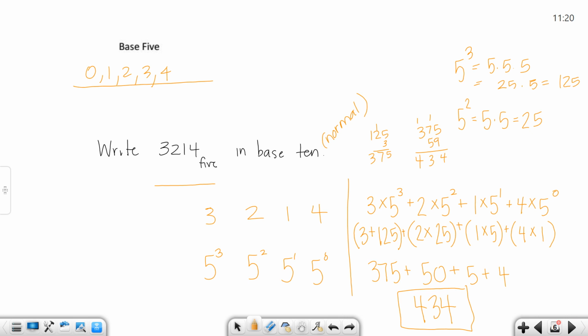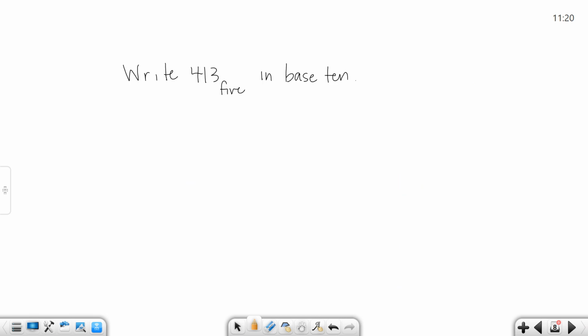Okay, so let's do one more of these. If I ask you to write 413 in base 10, right now it's in base 5. Remember, this is 5 to the 0, this is 5 to the 1, and this is 5 to the 2. We just step it up.